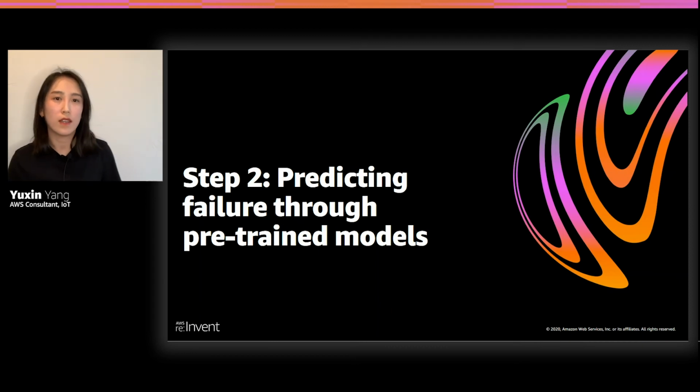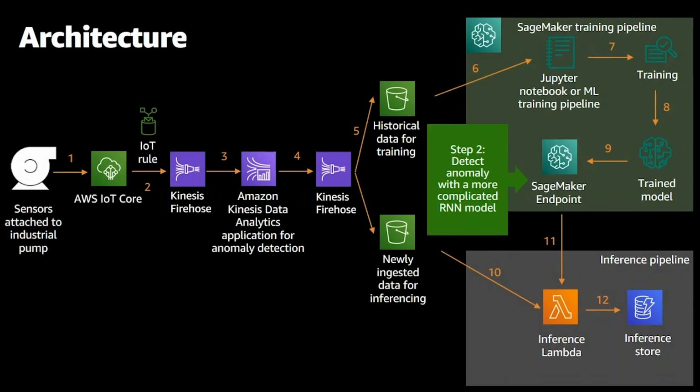As we remember from before, in step 3, we have a Kinesis data analytics pipeline as our first step. And then for the second step, we leveraged another AWS service called SageMaker. For those of you who are not familiar with SageMaker, it is a fully managed ML service that helps you to train and deploy your model easily.